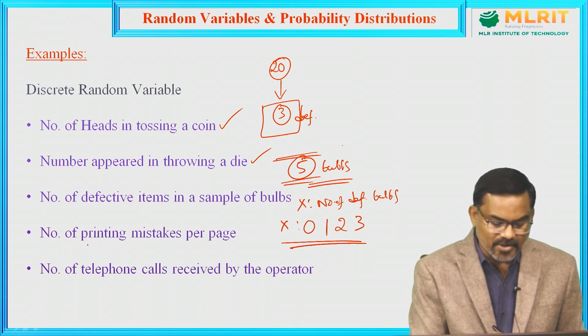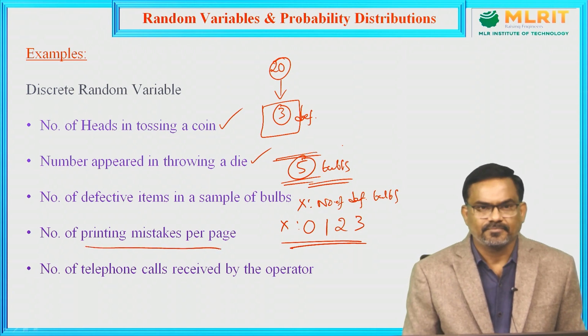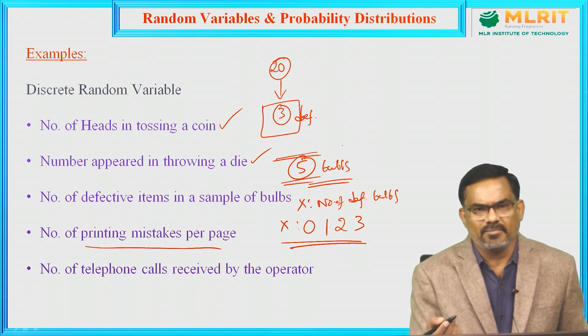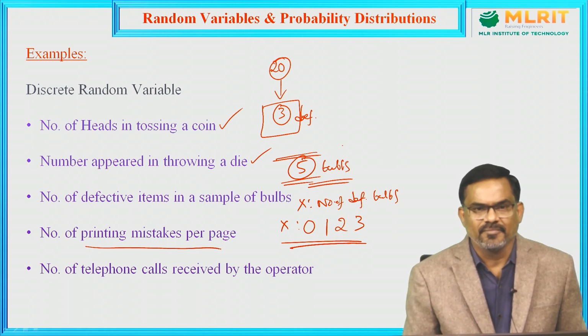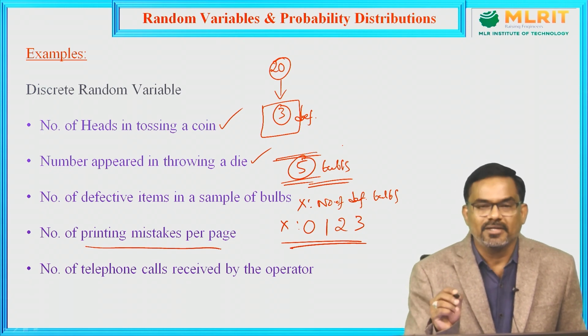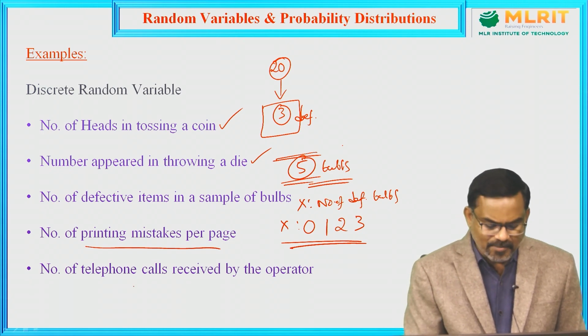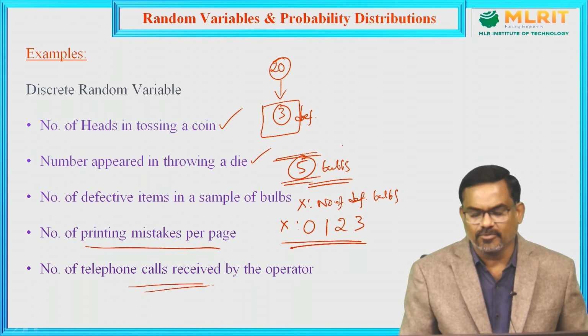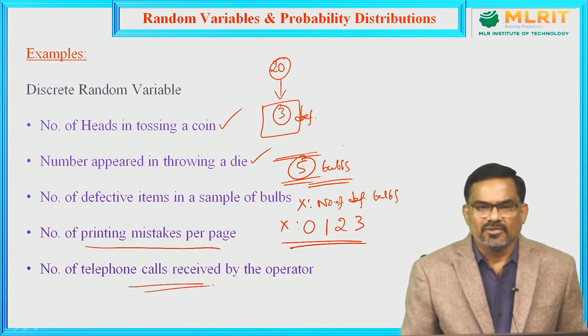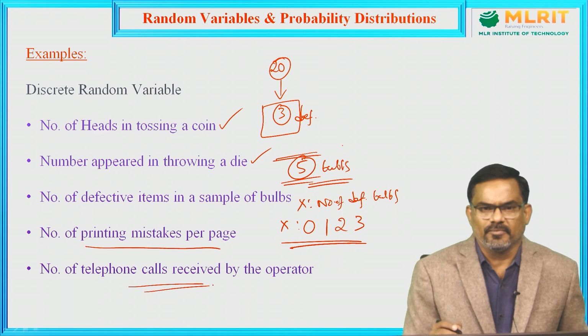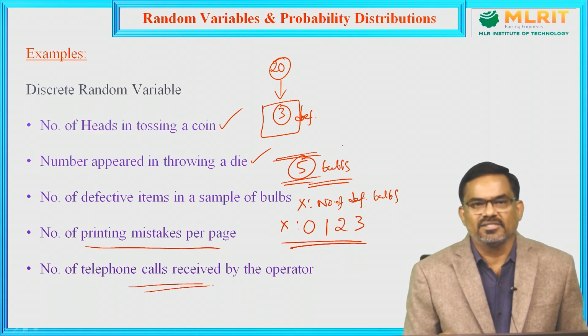Similarly, the number of printing mistakes per page. Per page we can say there may be 5 printing mistakes or 6 printing mistakes, for example even 10, but the number is finite. And the number of telephone calls received by the operator. For example, per minute how many calls is he receiving?